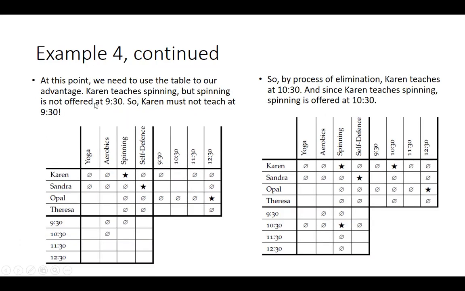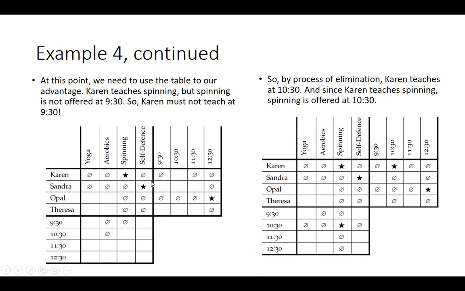So at this point, we need to use our table to our advantage, to see if the information within can give us anything else. We know that Karen teaches spinning. But we also know that spinning is not offered at 9:30, which means Karen can't teach at 9:30.